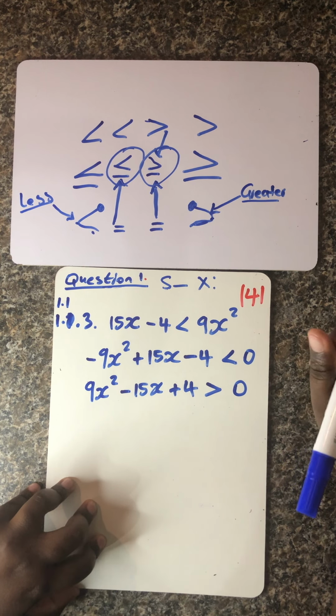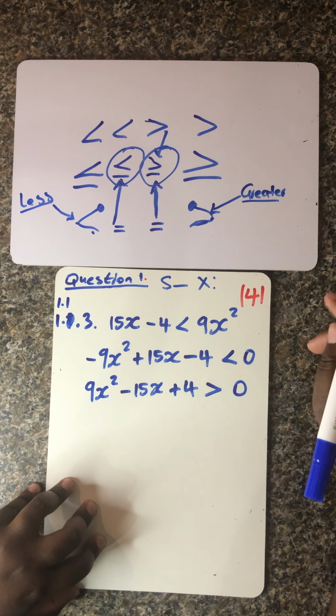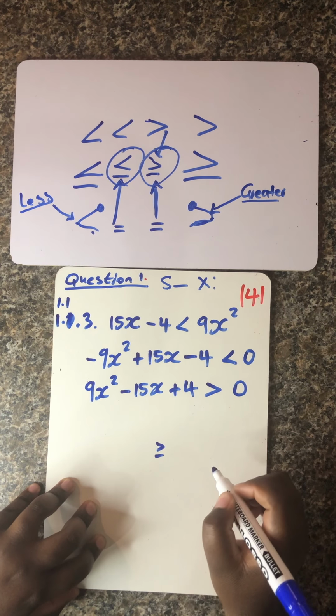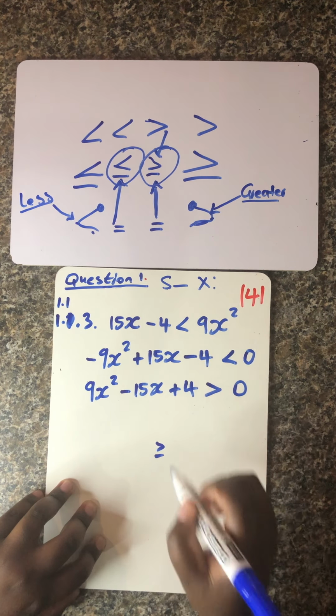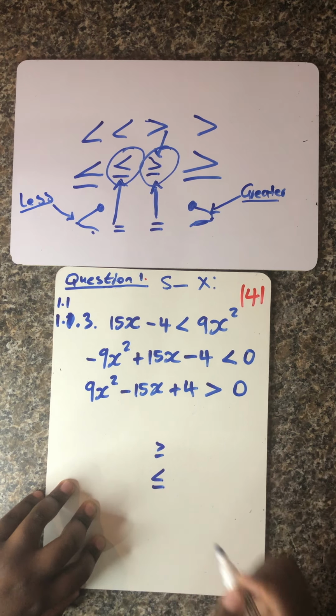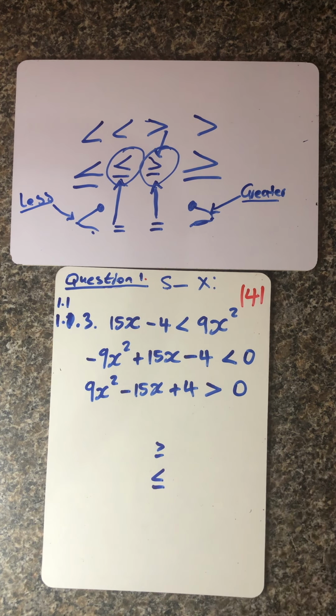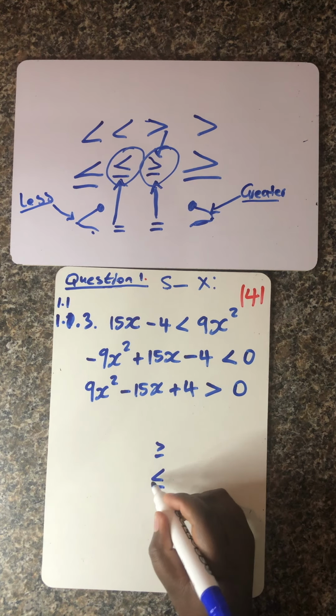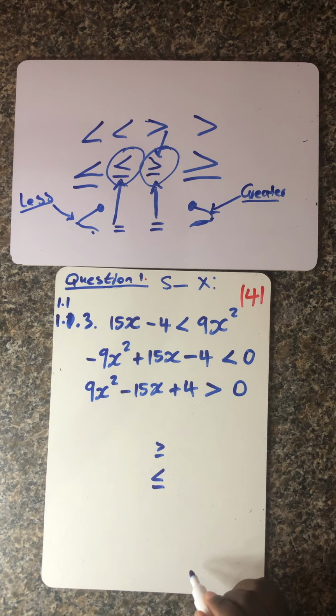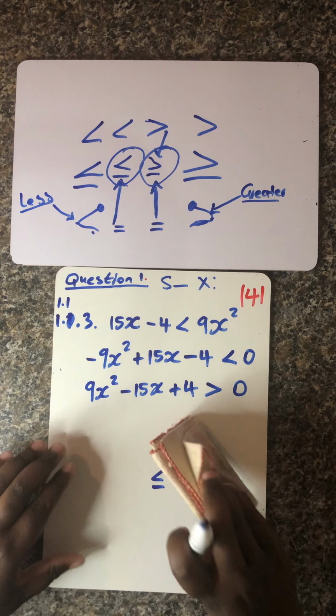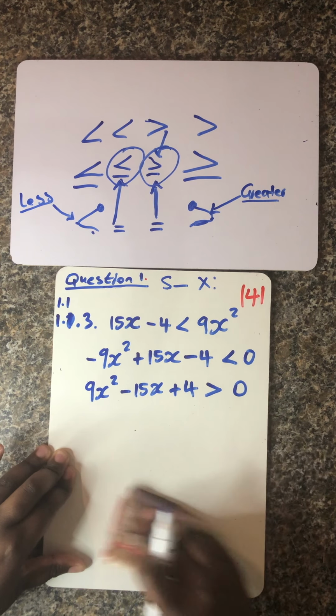So guys, when you have less than or equal to and you change the sign, it becomes greater than or equal to, and when you had greater than or equal to and you change the sign, it becomes less than or equal to. You need to be aware of this kind of information.